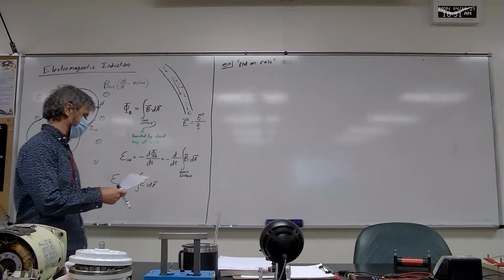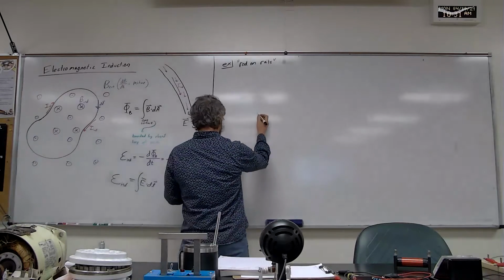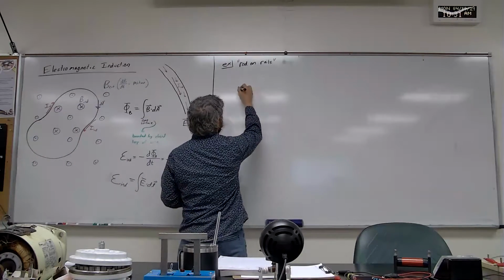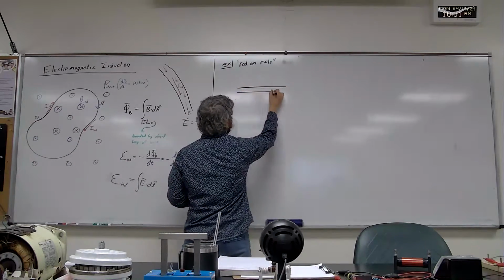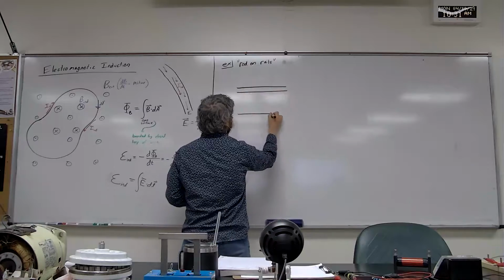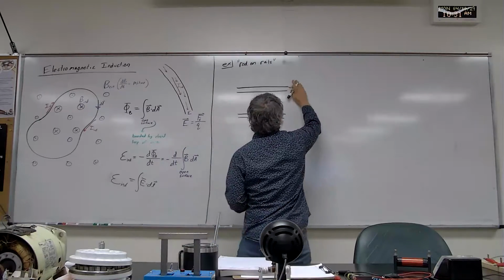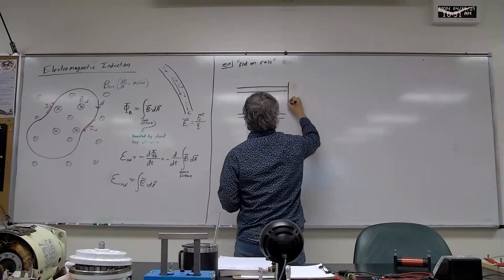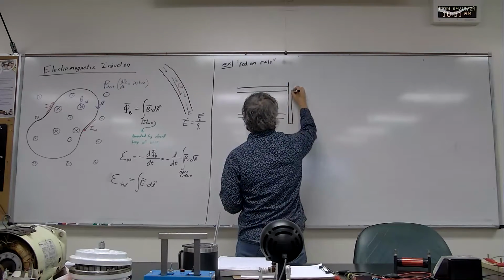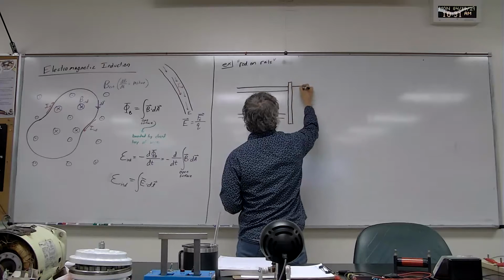So let's say I have rails, and they're conducting rails. And here's my rod, and it is a conducting rod.